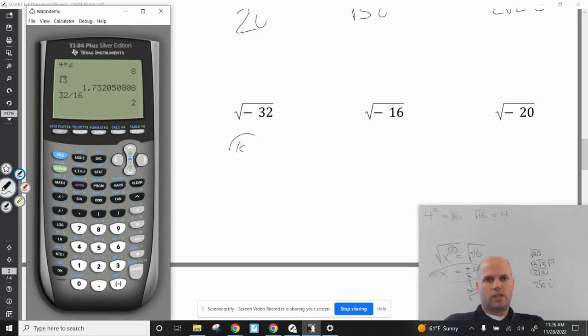Root 16, root 2: 32 is written as a product of a big perfect square and another number that doesn't have a perfect square in it. The square root of 16 is 4. This is why we do this. We get 4 root 2. It's the square root of negative, so it's got an i next to it. It's got the square root of negative 1.